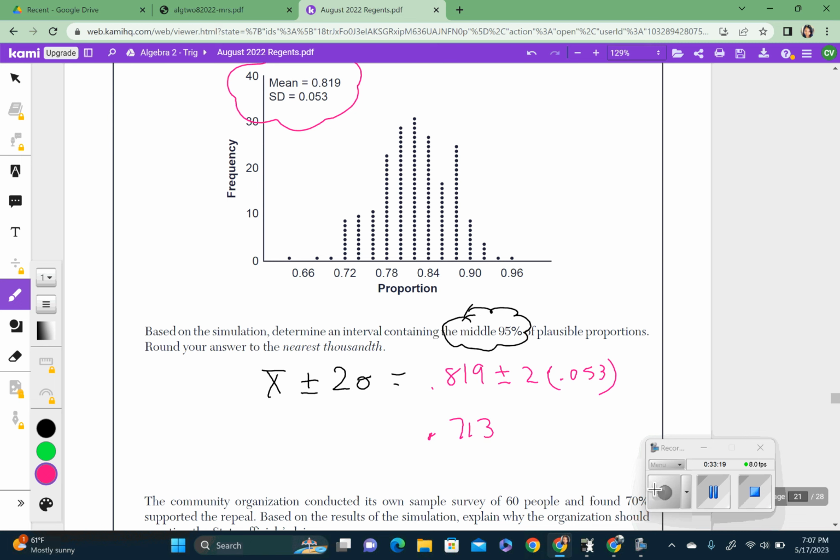And when you do 0.819 plus 2 times 0.053, you're going to get 0.925. And the interval, right, determine an interval is you just put the word to in between them, right? So you could write that as your answer, or 0.713 dash 0.925. Those are your, that's your interval.